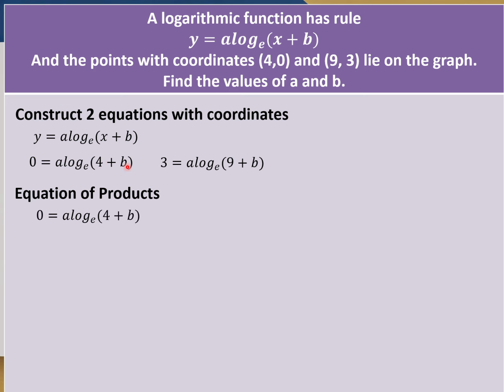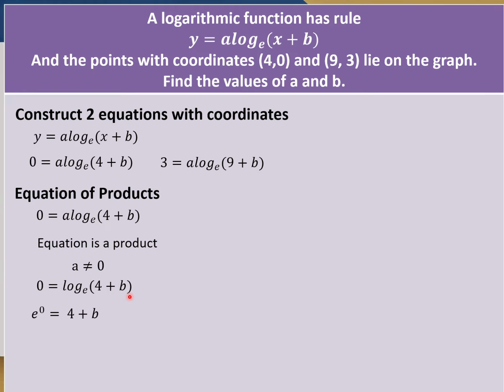So one of them has to be 0. So that means if we say a is not going to be equal to 0, then log base e 4 plus b has to be. So that allows us to just get b. And so then I can use my relationship here by changing it from log to exponential and say e to the power of 0 is equal to 4 plus b.